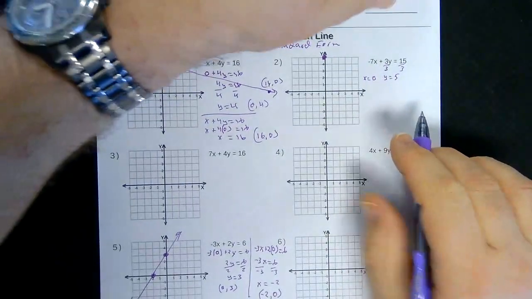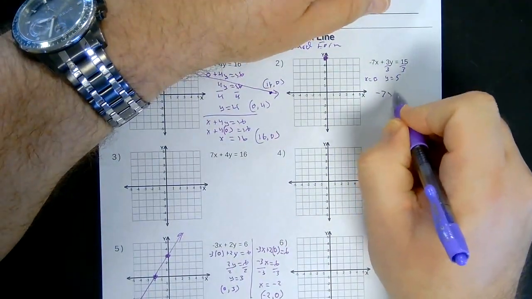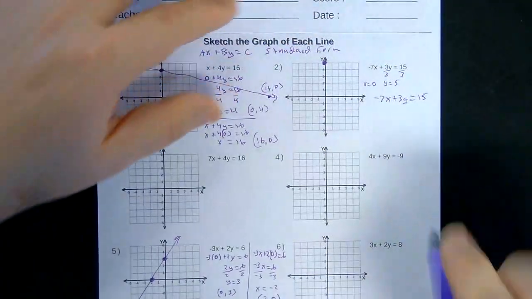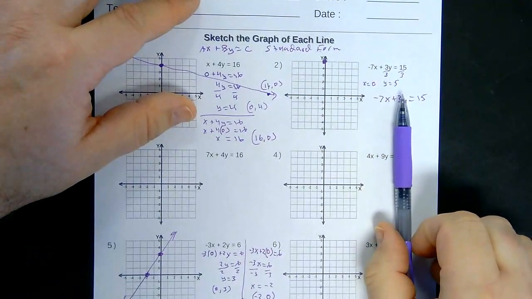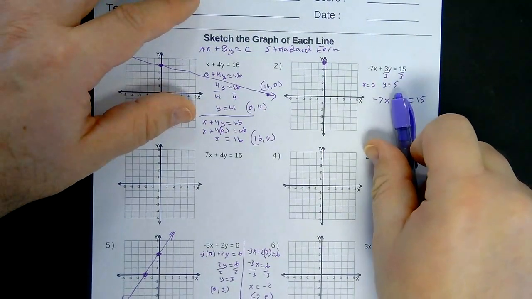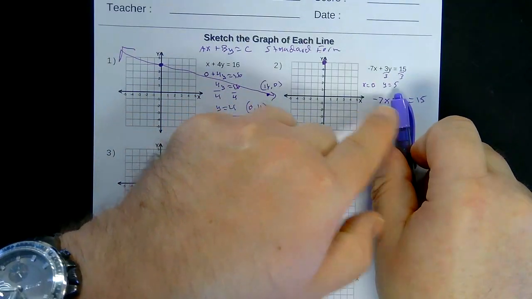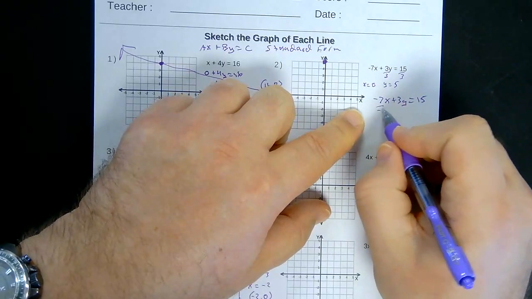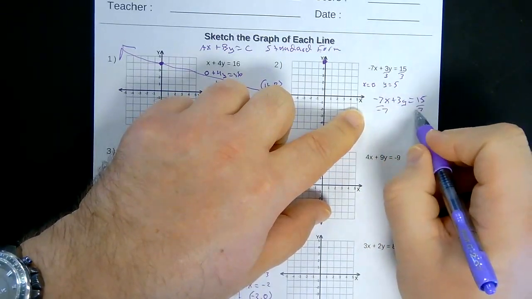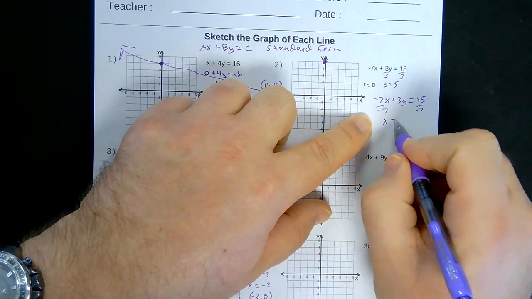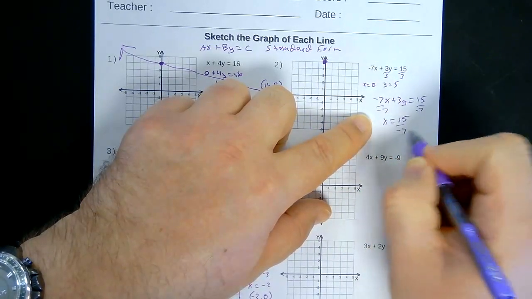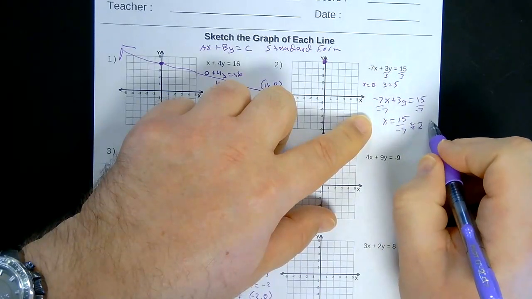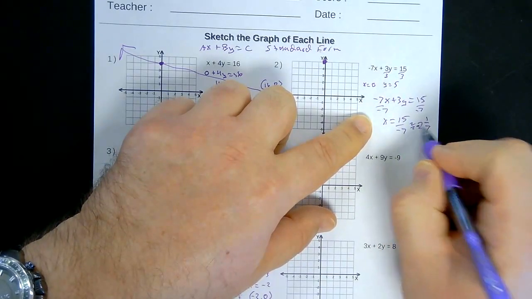Then if I do just the opposite, negative 7x plus 3y equal 15, write the equation down. If I cover up the 3y, because I know it's going to be 0, I get negative 7x equals 15. Now to solve that for x, I just divide by negative 7. And I get x equals 15 over negative 7, which is negative 2 and 1/7. See, 7 goes into 15 2 times with 1 left over.